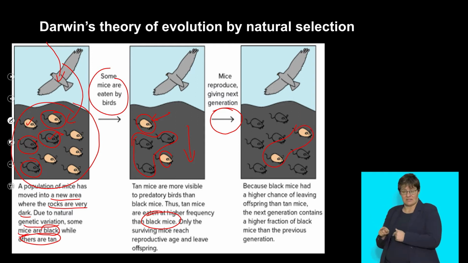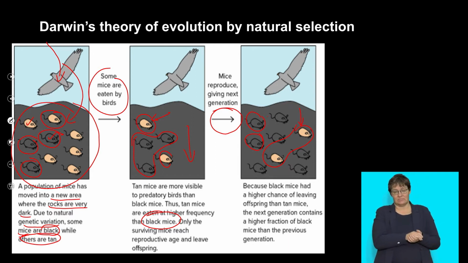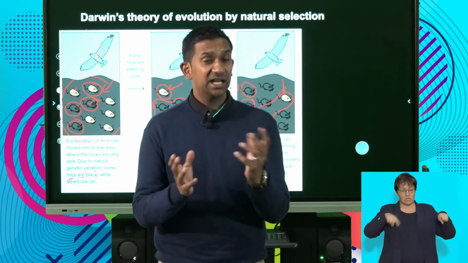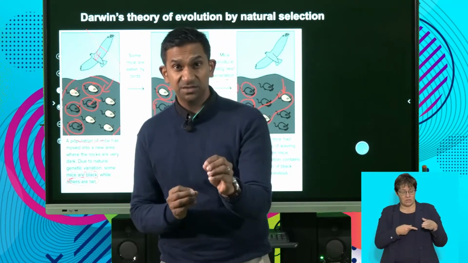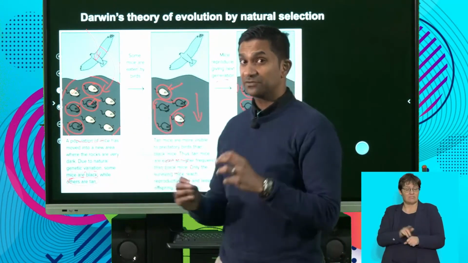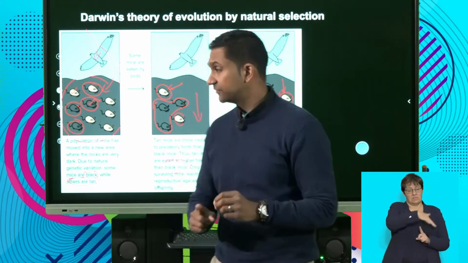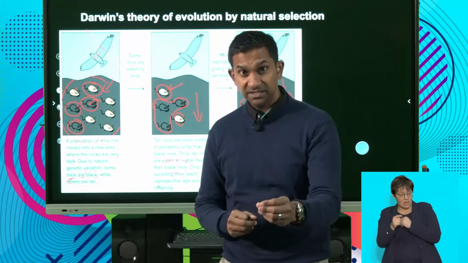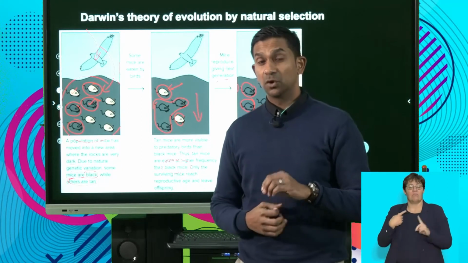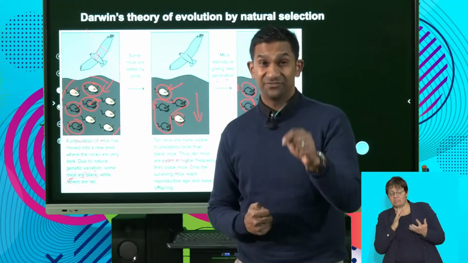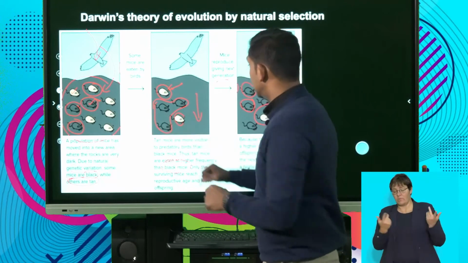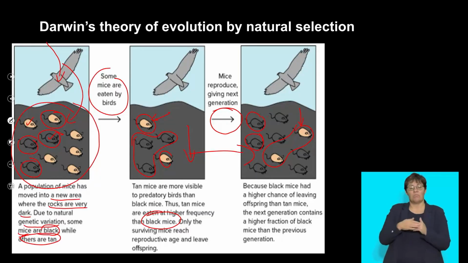Now we find that there is a smaller proportion of light colored or tan colored mice, and we find a larger proportion of black mice. And so essentially what we're seeing is that through variation that exists in a population and through the selection pressure, which is in this case from the environment, those individuals that have a characteristic that gives them an advantage or allows them to be better suited survive, reproduce, and produce more offsprings.